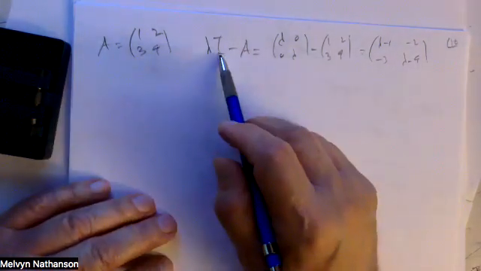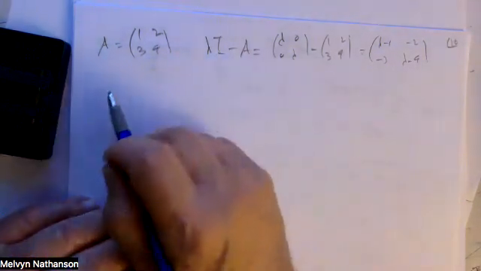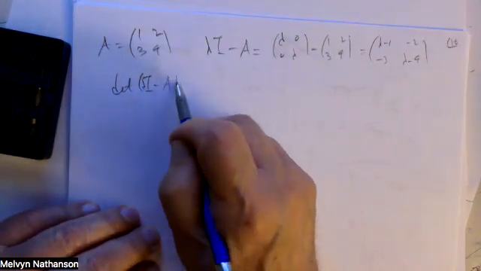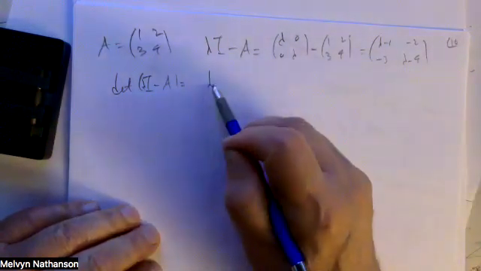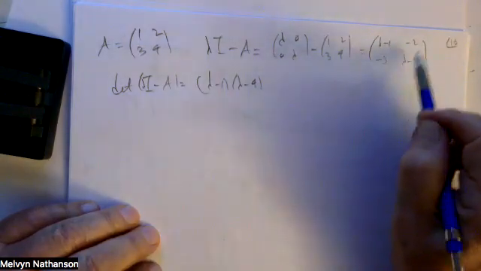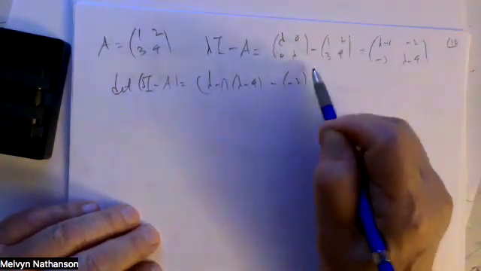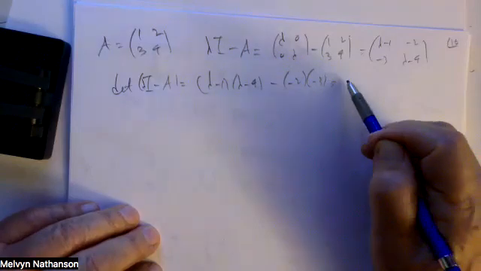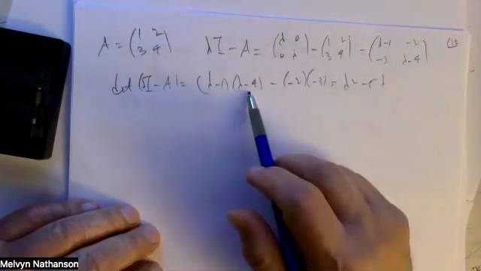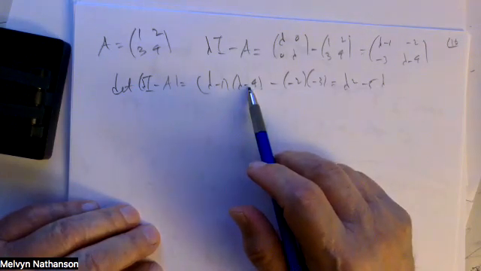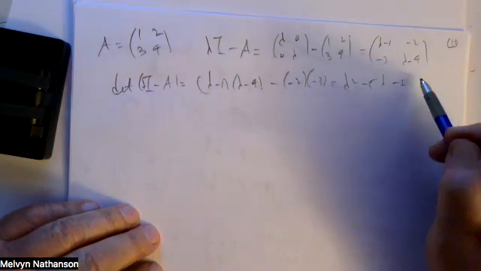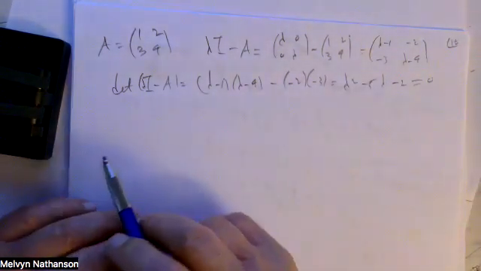And I want to find the lambda for which this matrix has determinant equal to 0. The determinant of lambda I minus A is lambda minus 1 times lambda minus 4, AD minus BC, minus minus 2 times minus 3. So that's lambda squared minus 5 lambda plus 4 minus 6, which is minus 2. And I want to find the roots of that quadratic.